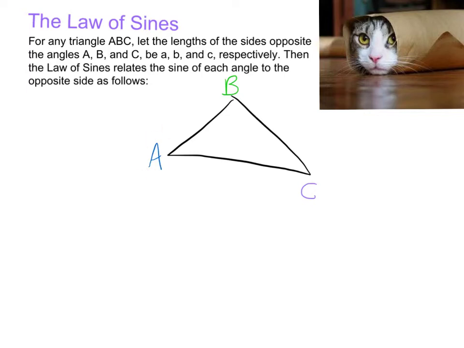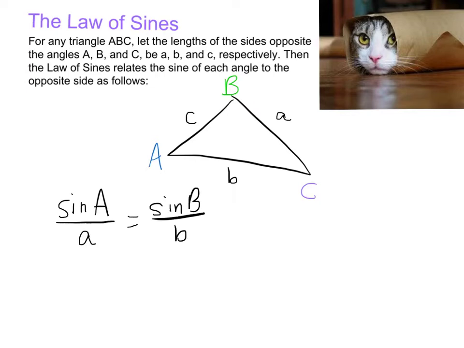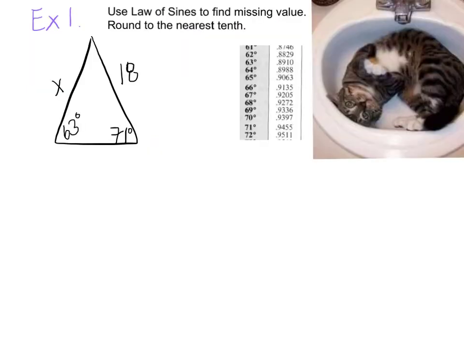You have angles A, B, and C, and have their opposite sides be a, b, and c. Then the sine of each angle relates to its opposite side. And it just so happens that all of those relationships are the same. So the ratios of the sine of A, B, and C over their opposite sides are all equal. And this right here is the law of sines.